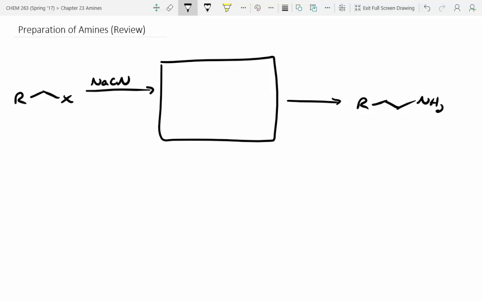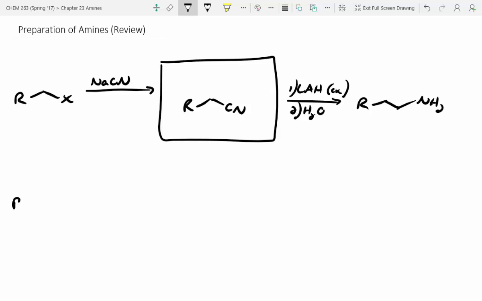It's just SN2. And then how can we convert that nitrile into an amine? LAH, excess, followed by a water workup. So you can use this to install amines pretty easily. That's one route we've seen.